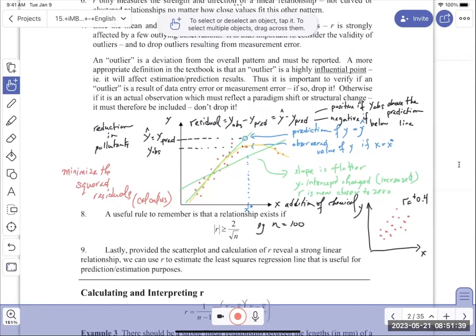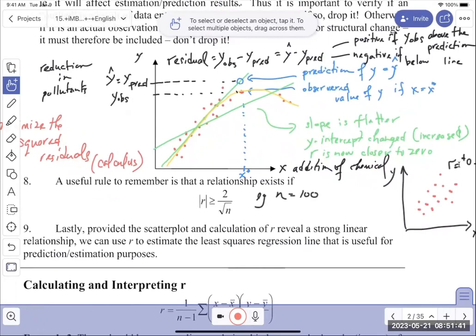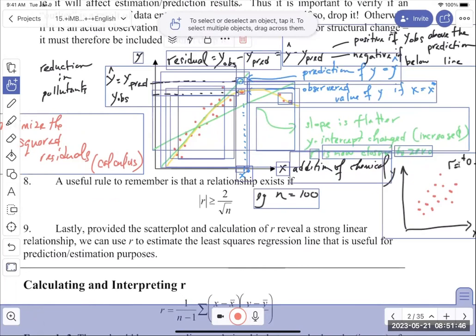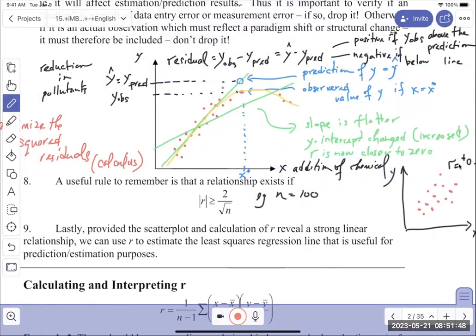Let's put in the values. So what this means is there is a relationship if R is greater than 0.2 or R is less than negative 0.2.